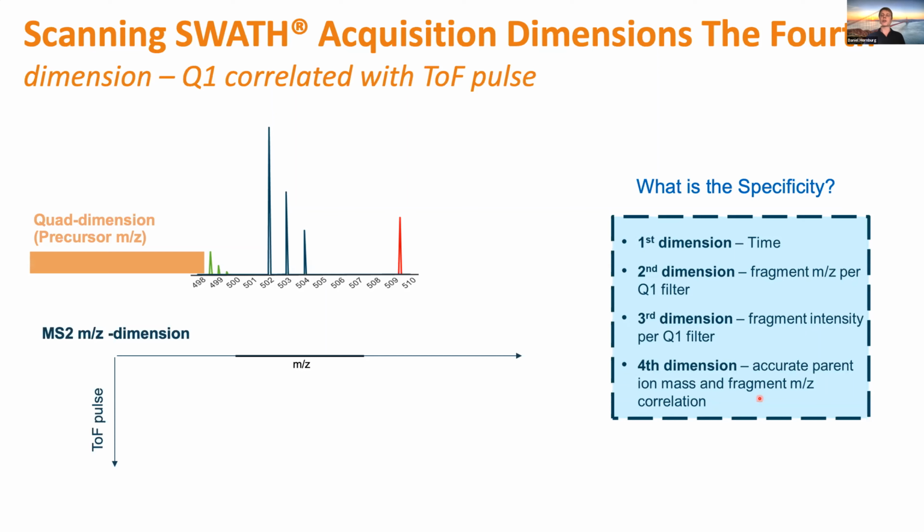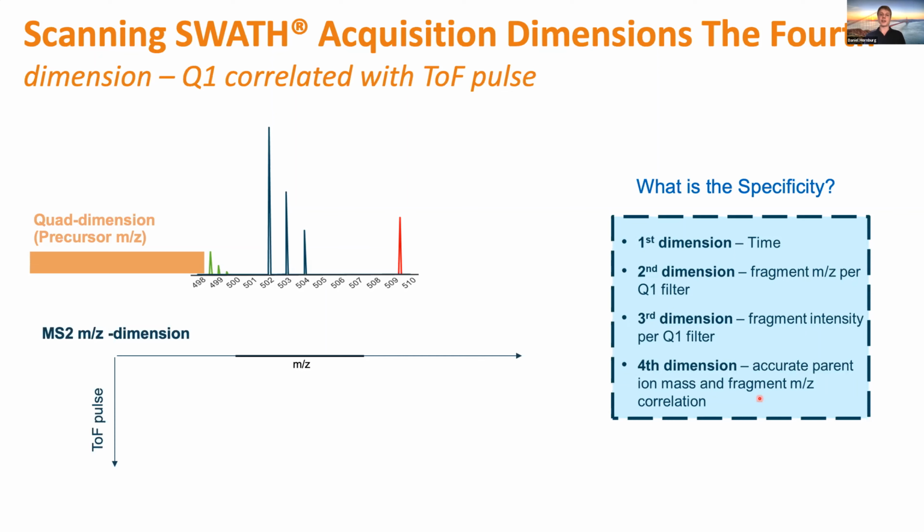And for people that worked a lot with DDA, they probably instantly understand why that is helpful, right? In DDA, you have one precursor and you subject it to fragmentation. And this is actually already a lot of information that you gain from knowing the exact correlation of a precursor to its fragment. For example, if you take a complex proteome, a human proteome, and you have a high resolution precursor, on average, you can have 5 to 10 peptides matching that exact mass.